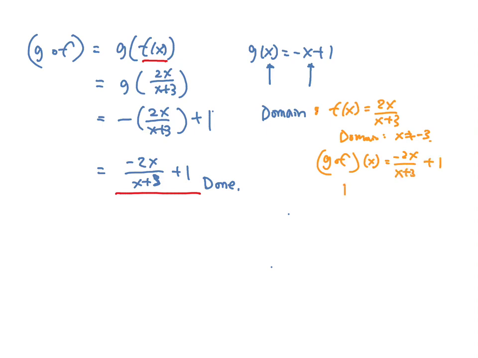So same thing, the domain is the same as above: x cannot equal negative 3. So where do these overlap? Well, if they both cannot equal negative 3, that just means your final domain is x cannot equal negative 3, or negative infinity to negative 3, union, parentheses on both, negative 3 to positive infinity.